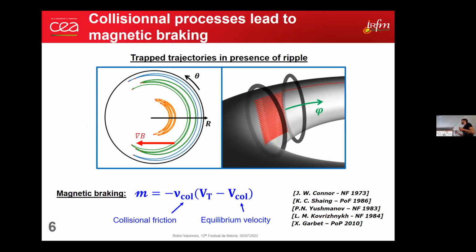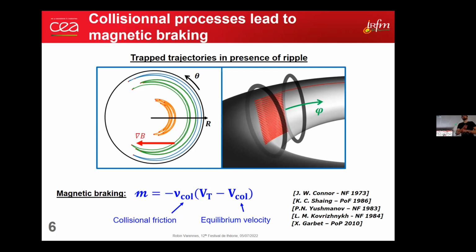The magnetic braking is the force which is due to the 3D component of the magnetic field. You can see this as a way to constrain particle trajectories. Here I just show you some examples, which are not exhaustive, of how particle trajectories can be modified by a ripple. On the left, you have a poloidal section of the tokamak. And you have the so-called banana trapped particles.